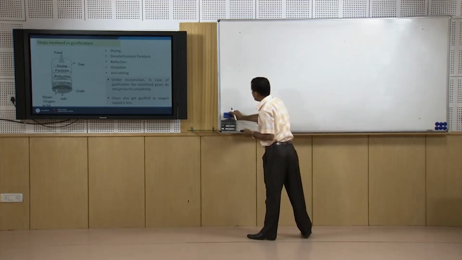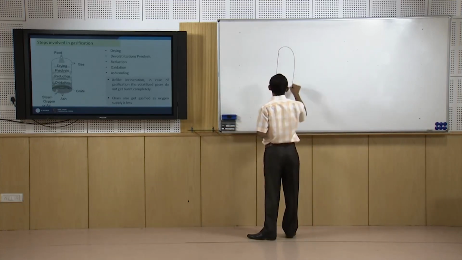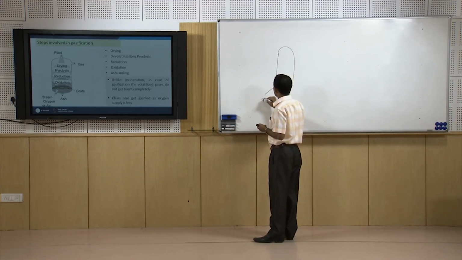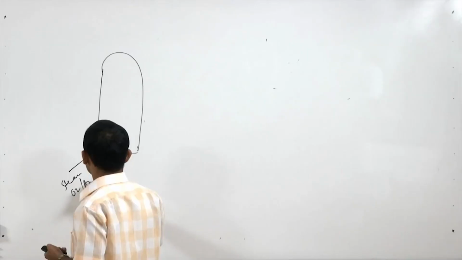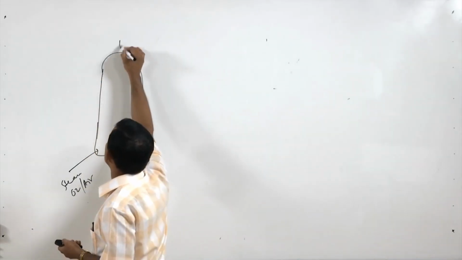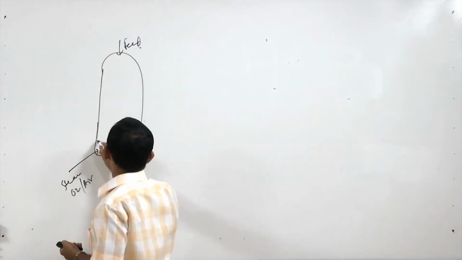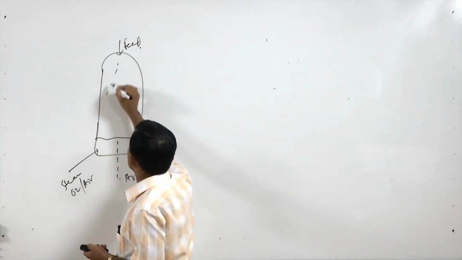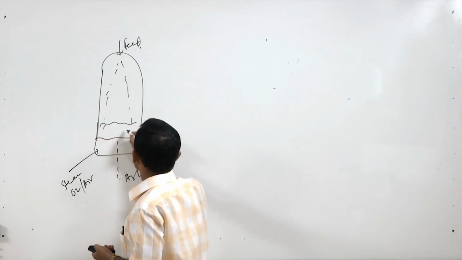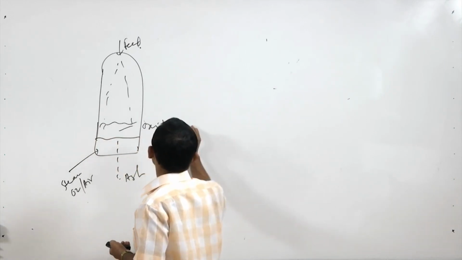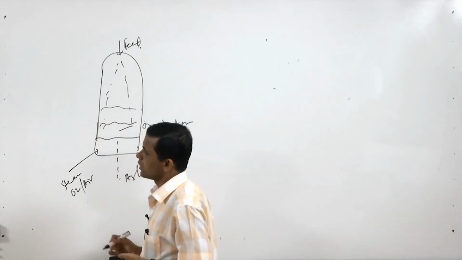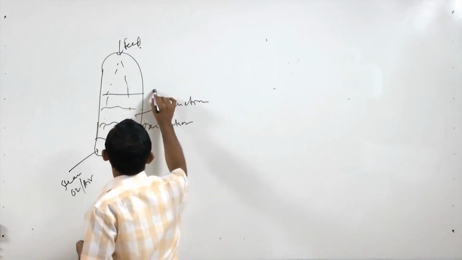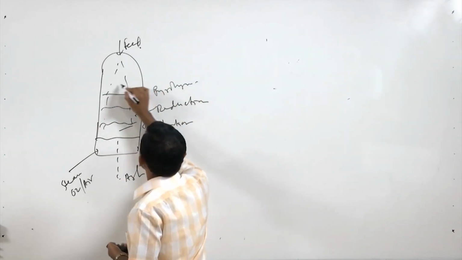If we take a fixed bed gasifier, from the bottom we send steam, oxygen or air, and from the top we put in the feed. Ash will be collected here. The material falls down, so there will be a combustion zone, the oxidation zone with the highest temperature, then the reduction zones, then pyrolysis, and this is drying.